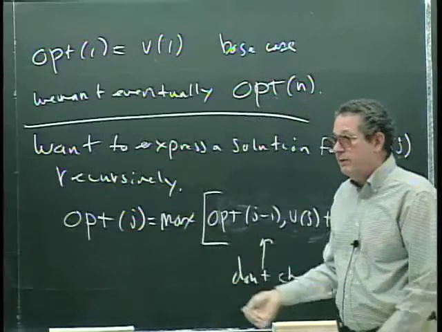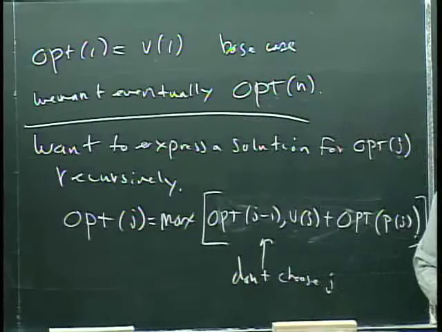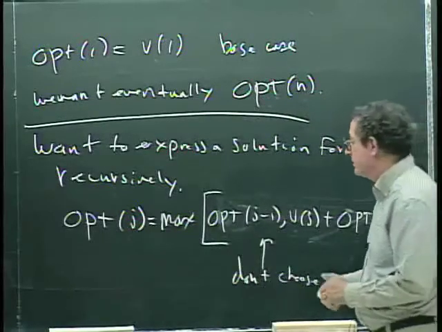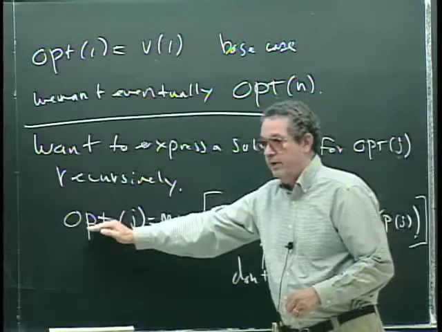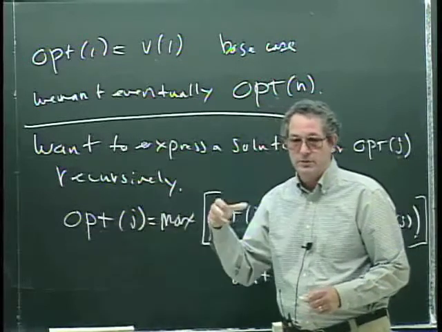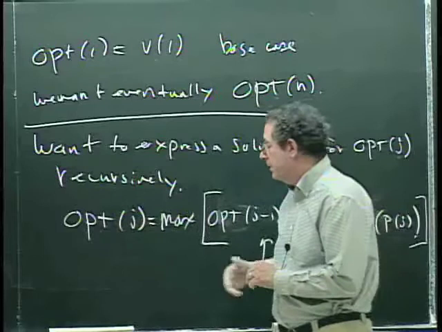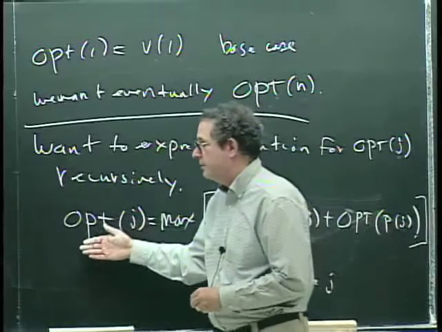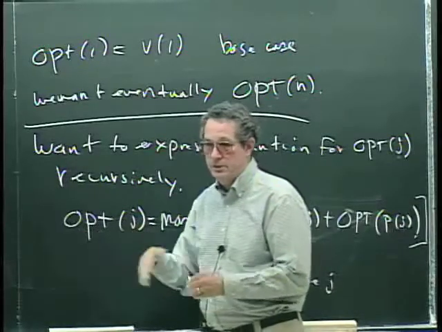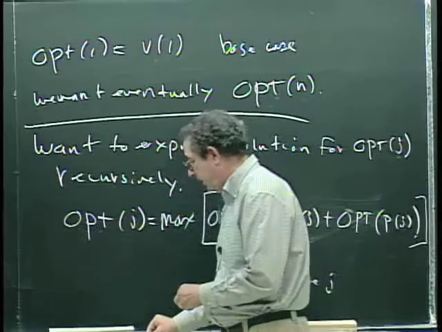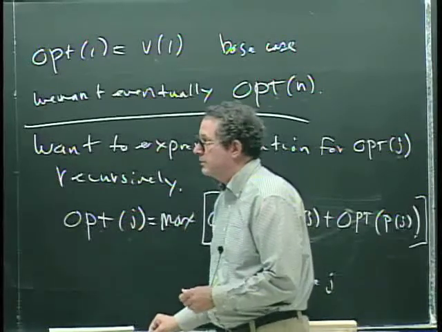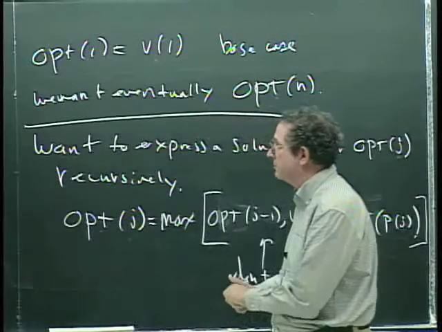So we really have all the components for a recursive solution to this problem, at least a recursive solution to computing the value. Now, eventually we want to know what the actual intervals are. But right now we're focusing on the problem of computing the optimal value, and then later we'll talk about how we actually get the intervals that are associated with the solution that gives you the optimal value.